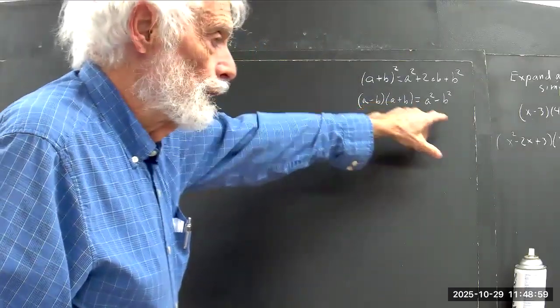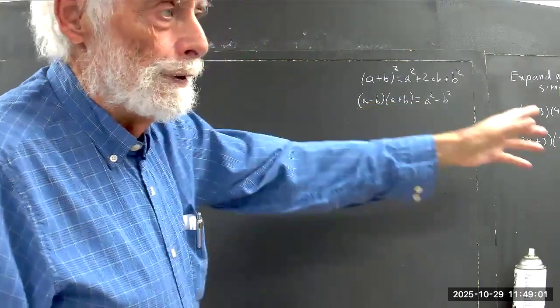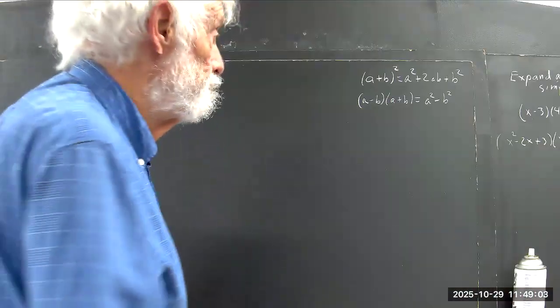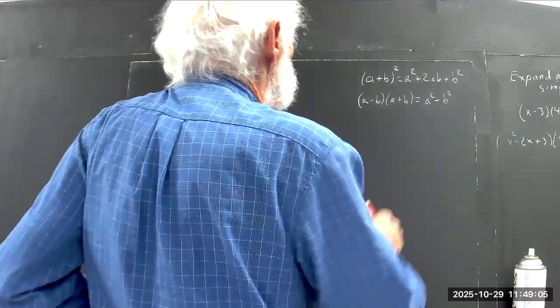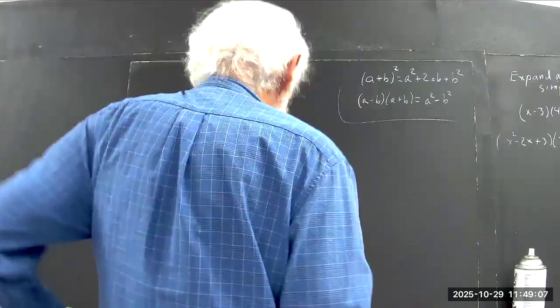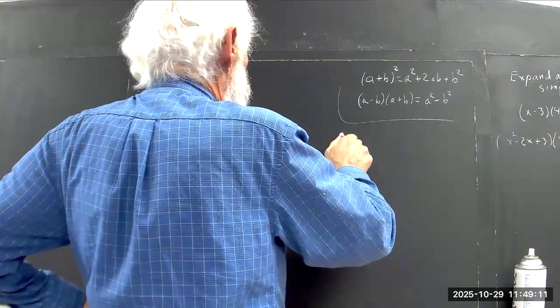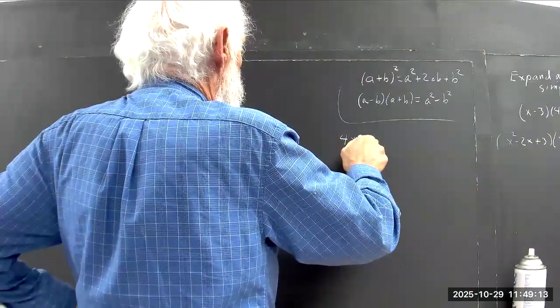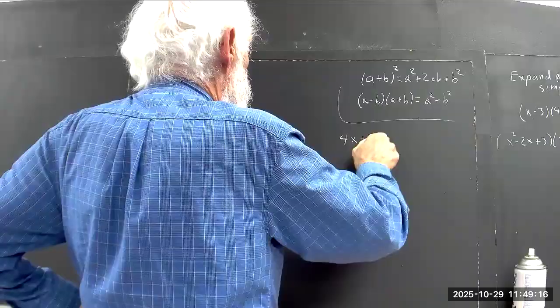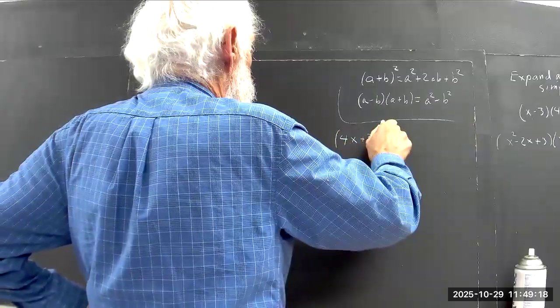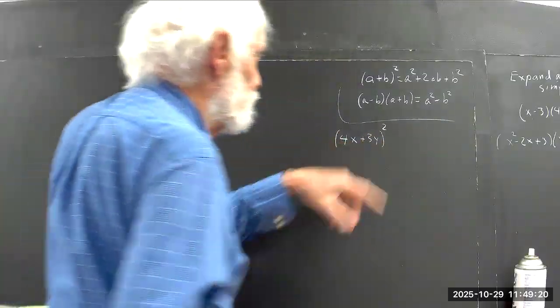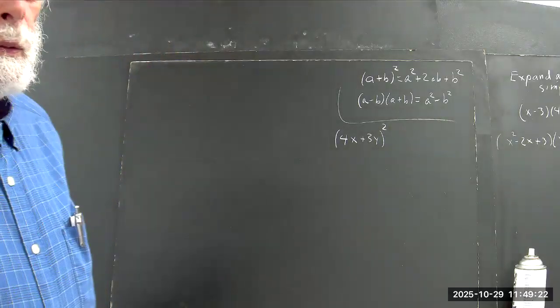And then A minus B times A plus B is A squared minus B squared. So tell me, what's 4x plus 3y quantity squared?